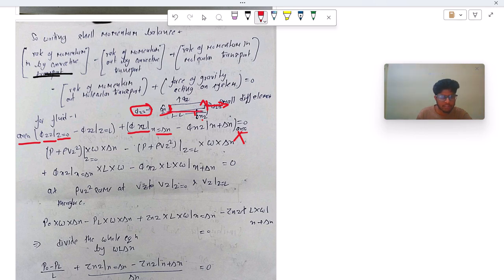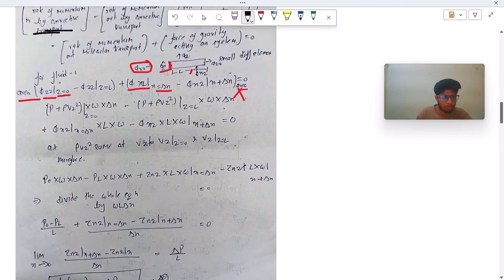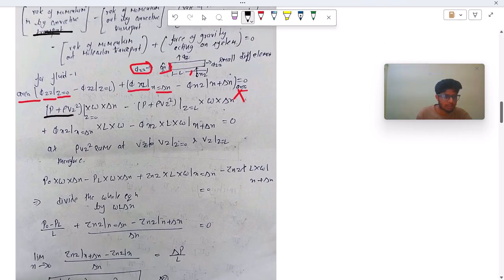We can imagine this as the shear stress transferring in this direction, so the particular area is L into W. Putting in the values from above, we have P plus rho vz square into W into delta x, that is the area, minus P plus rho vz square at z equal to L into W into delta x, plus phi xz at x into this particular area L into W, minus phi xz into L into W at x plus delta x.